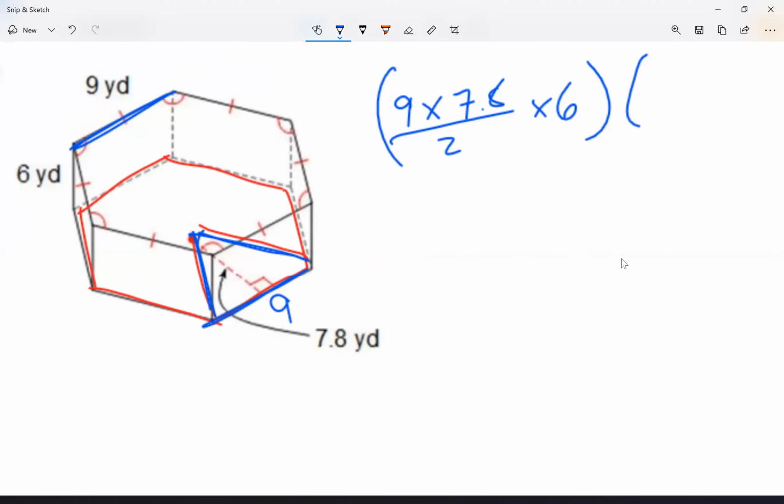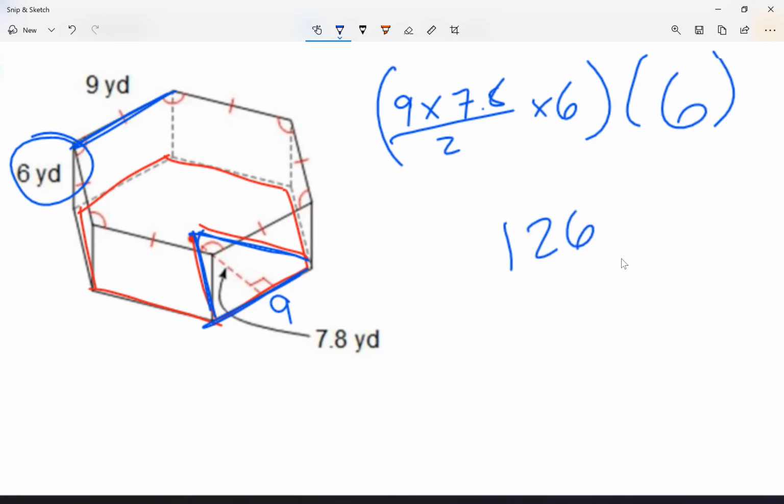Now, I'm going to multiply this by the height. The number that has nothing to do with my base is 6. So I'm going to go 9 times 7.8 divided by 2 times 6 times 6. And I get 1,263.6.